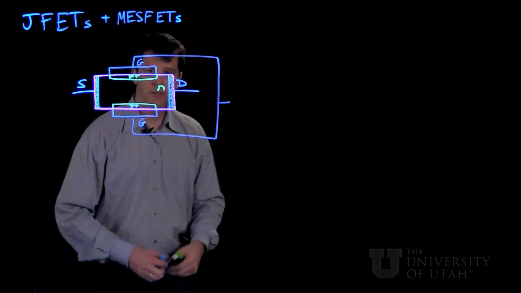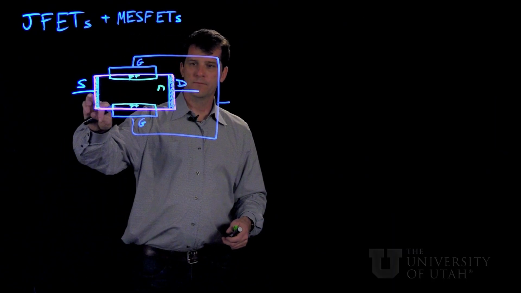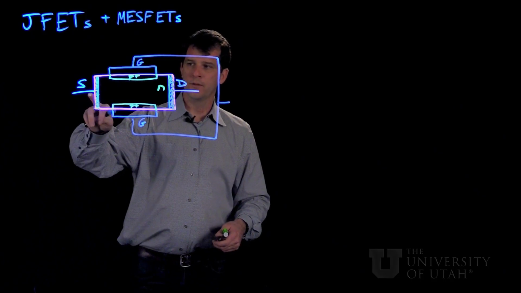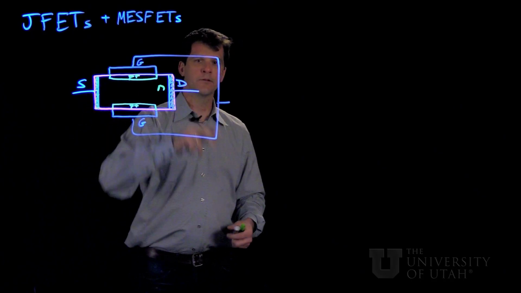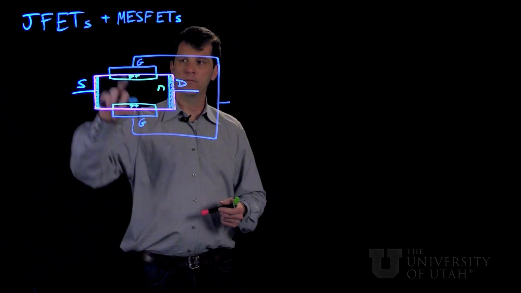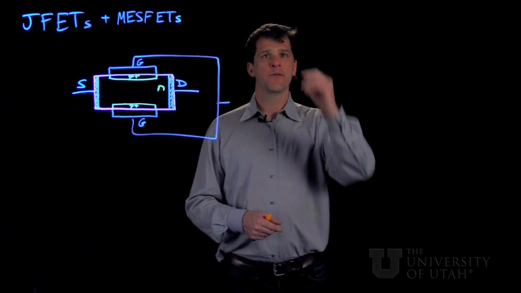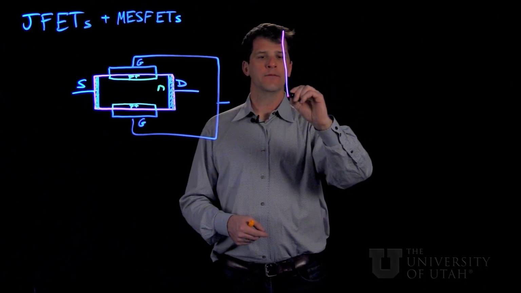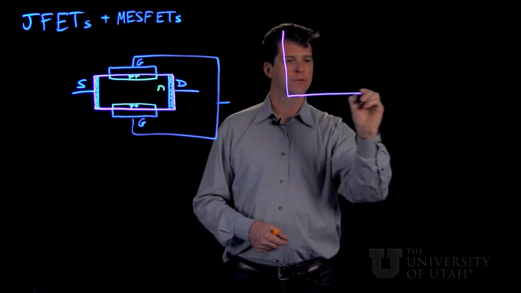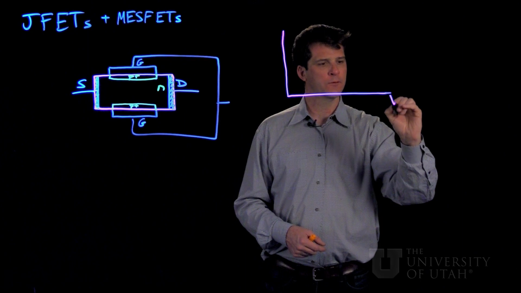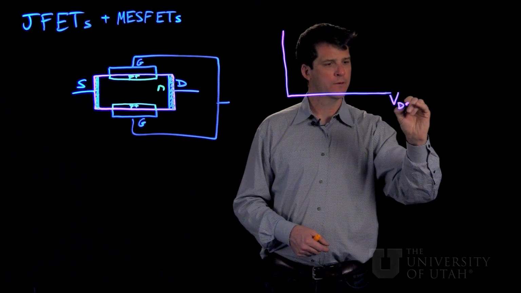So conceptually, let's look at the conductivity between the source and drain as a function of the bias on the gate. Let's look at what happens in terms of the current from source to drain as a function of the voltage from source to drain.